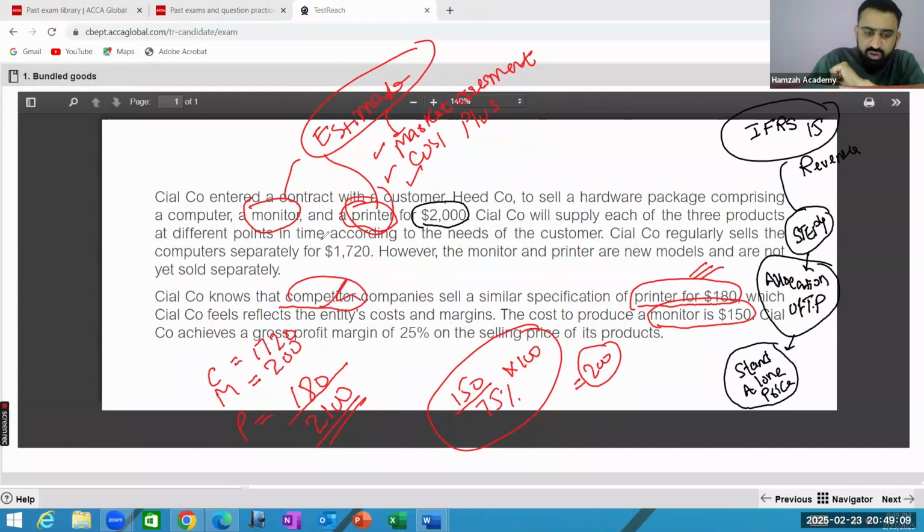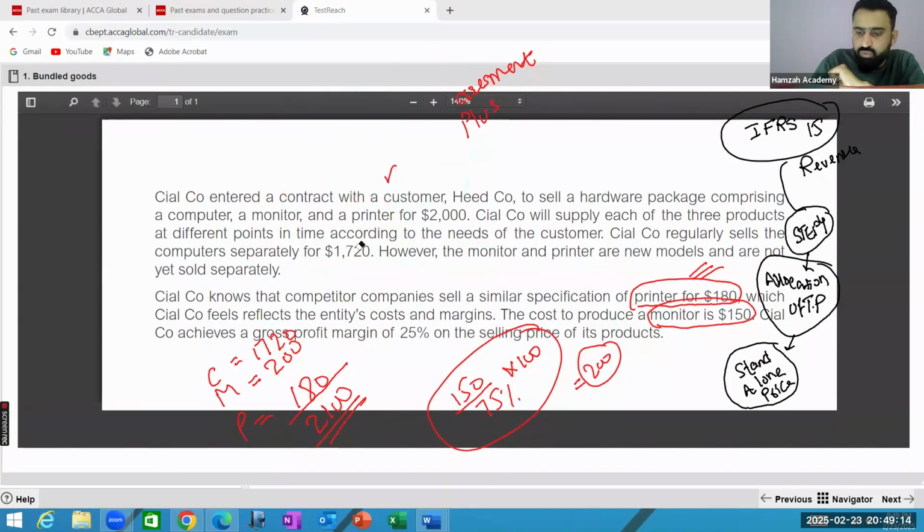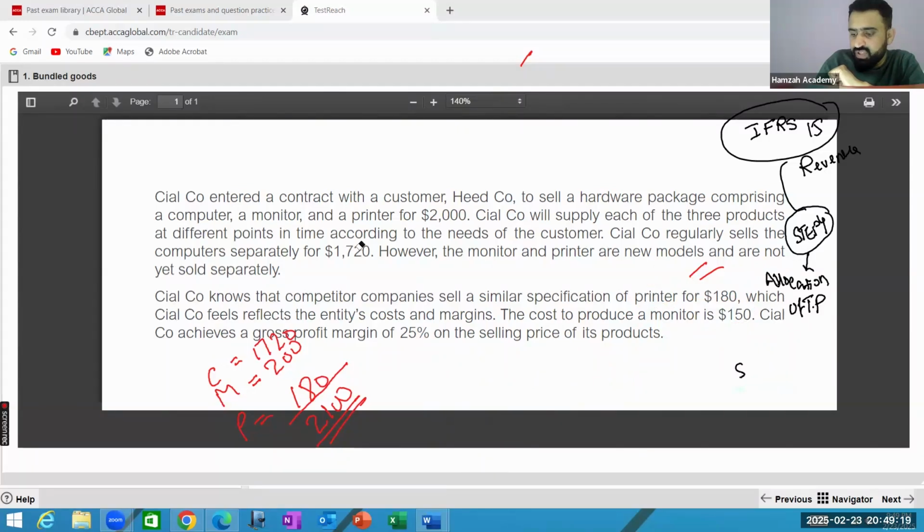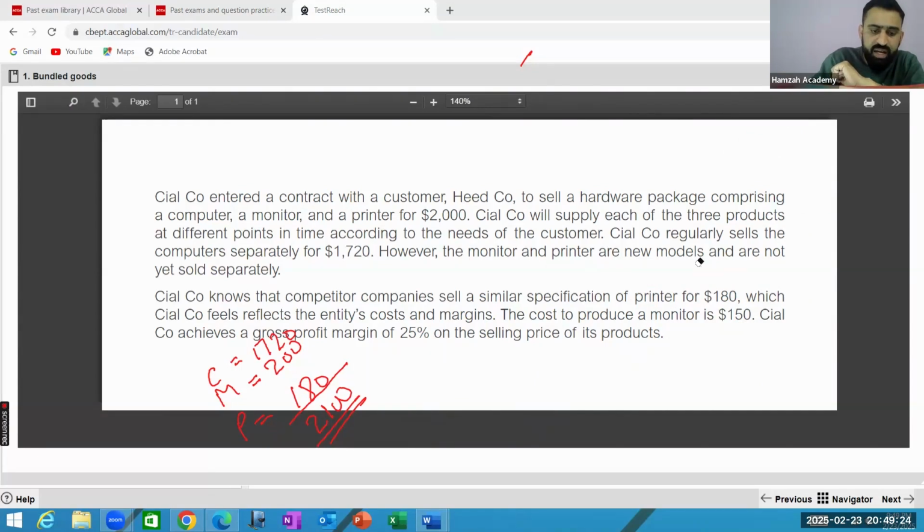Now the final step arrives, where we have to allocate the transaction price amongst the performance obligations. The transaction price is 2000. This 2000 needs to be allocated among the computer, monitor, and printer.